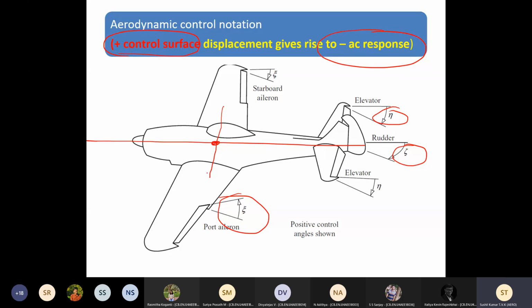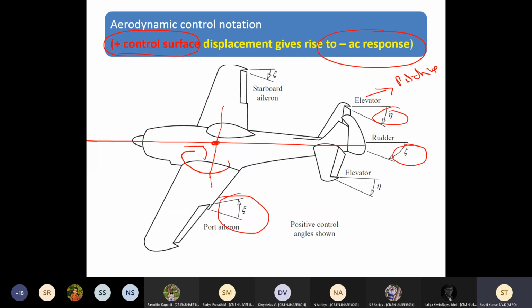About the CG point, the aircraft is going to rotate, and in what direction? It's going to pitch up. So a positive elevator deflection will give a pitch up attitude.